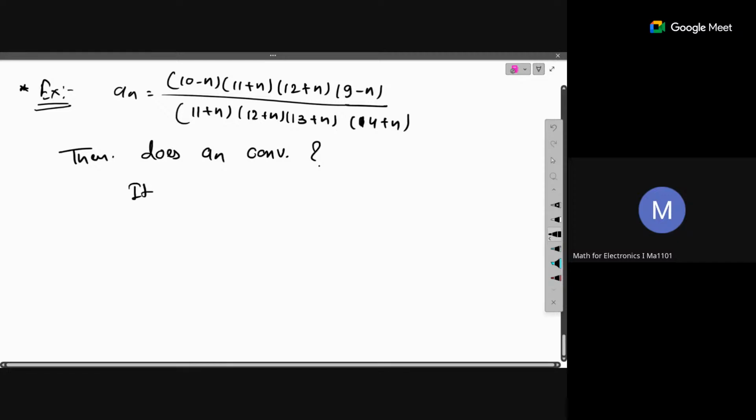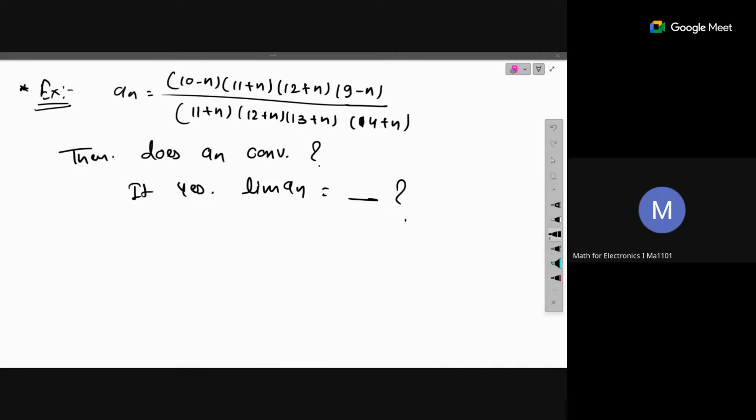And if yes, then what will be the limit? Please answer in the chat box, that will be helpful so that others can think about it. Try to solve it. I'll give you 3 minutes.